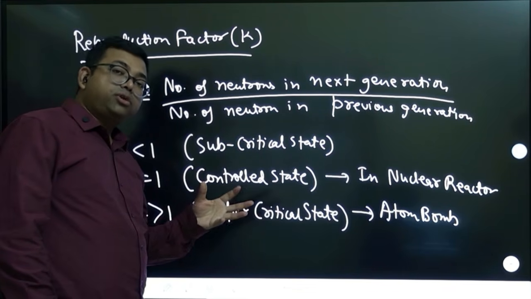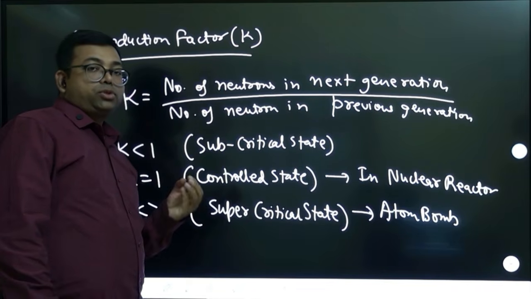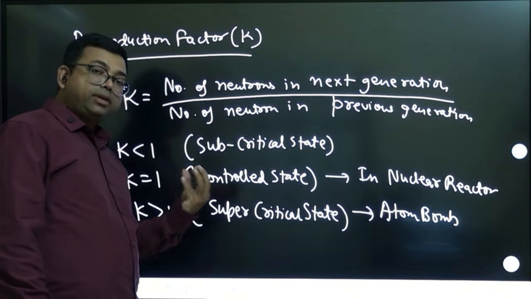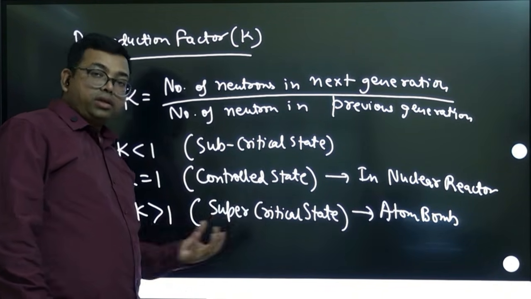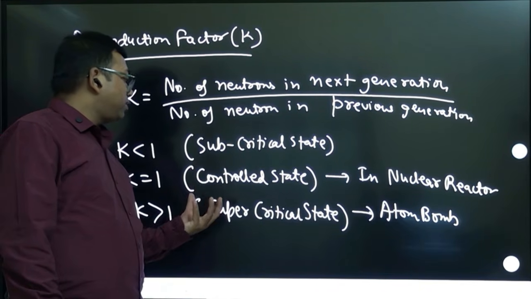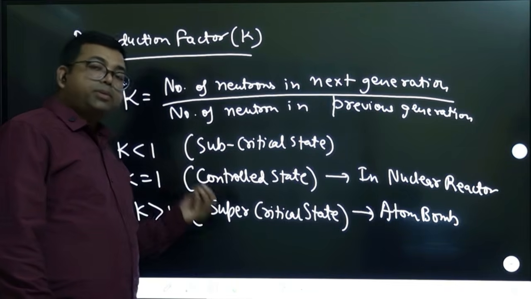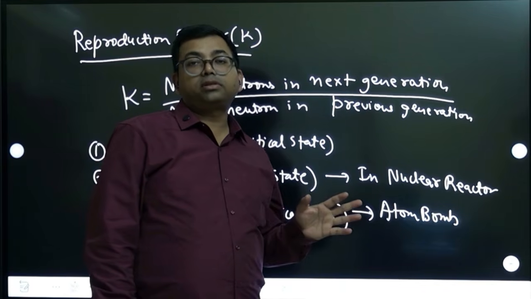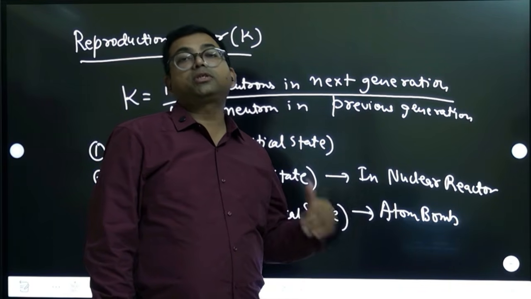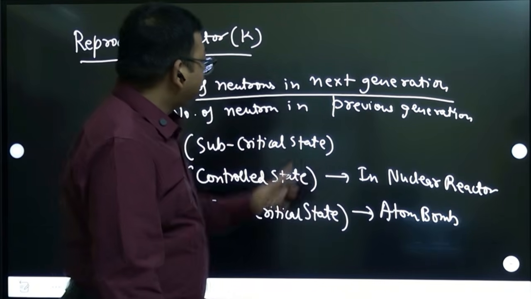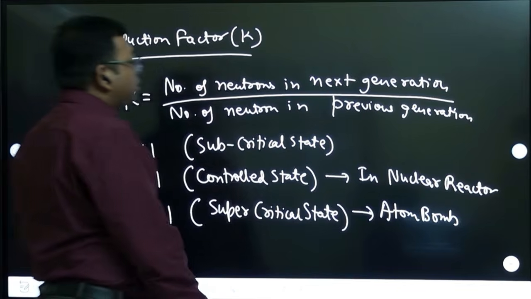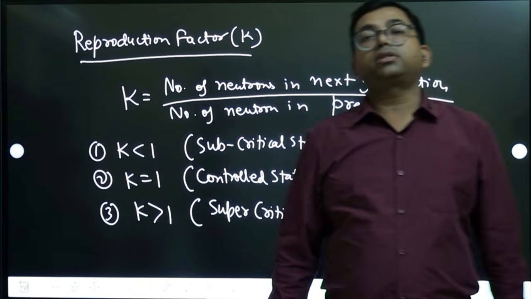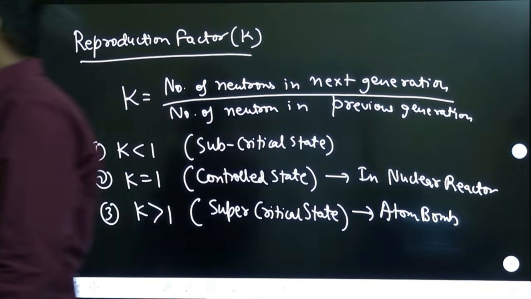Every time you absorb 2 neutrons, so only 1 neutron is effectively getting used in each stage. That is controlled. But subcritical means, suppose 3 neutrons are produced and you absorb all 3, or the number of neutrons is becoming smaller. In this way, the chain reaction cannot be sustained. So these are the 3 important states.